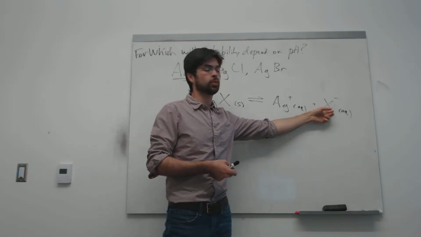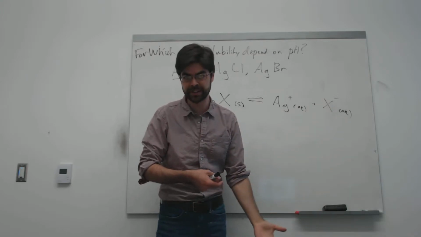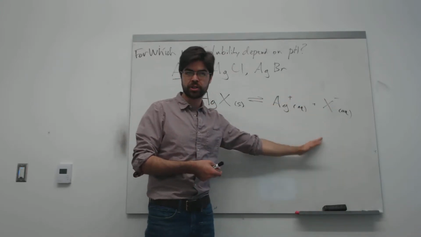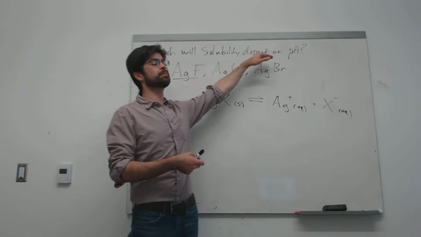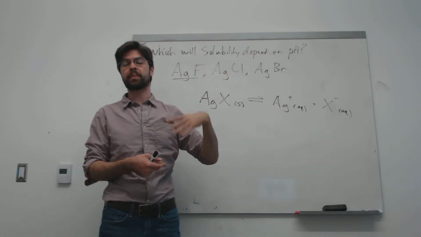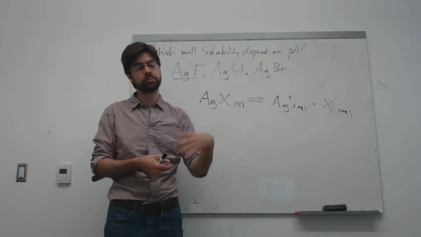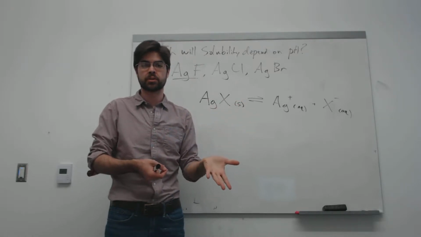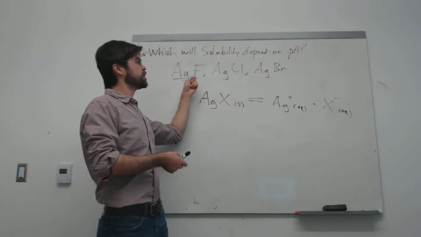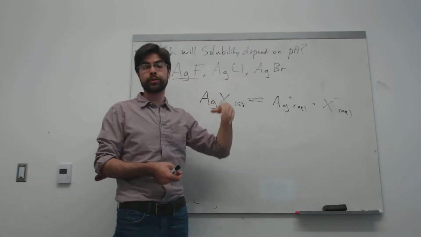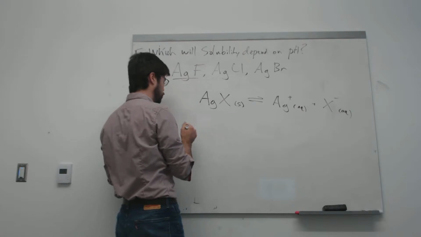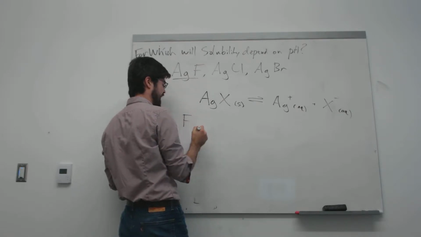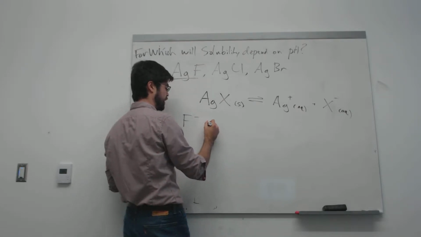Then if you react with that ion, it's no longer present in solution, its concentration drops, and the reaction goes forward. So we then have to ask if it's going to depend on pH, meaning if it's going to depend on hydronium concentration or hydroxide concentration, if you prefer. You basically need to ask which of these are going to react with acids. And really, there's only one that's going to react with an acid or a base, which is the fluoride ion.